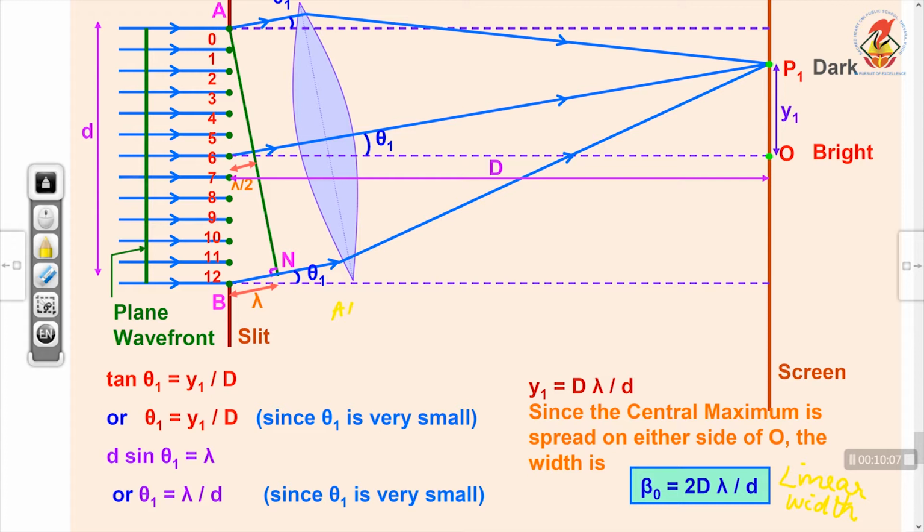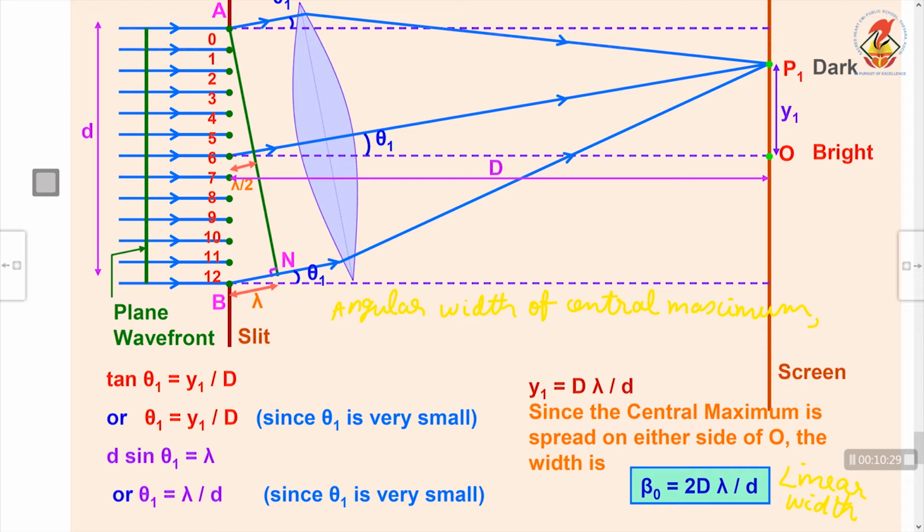If they ask for the angular width of the central maximum, we got theta 1 is equal to lambda by d. Angular width is actually 2 times theta 1, because theta 1 is only this part, and the other side of O also counts.